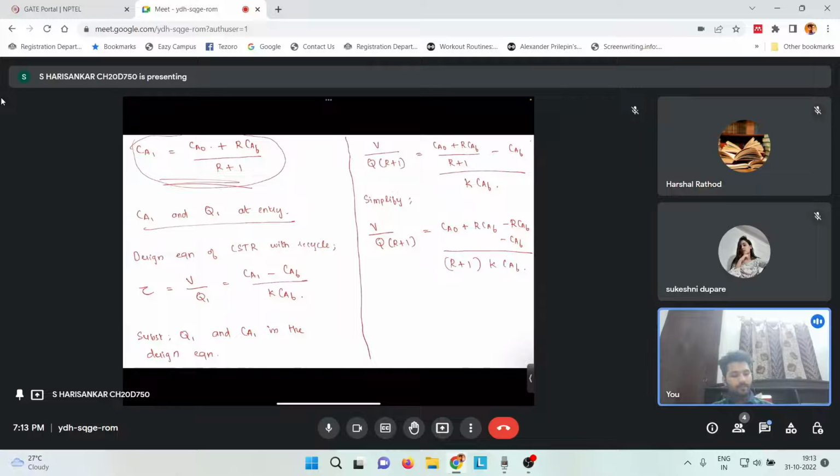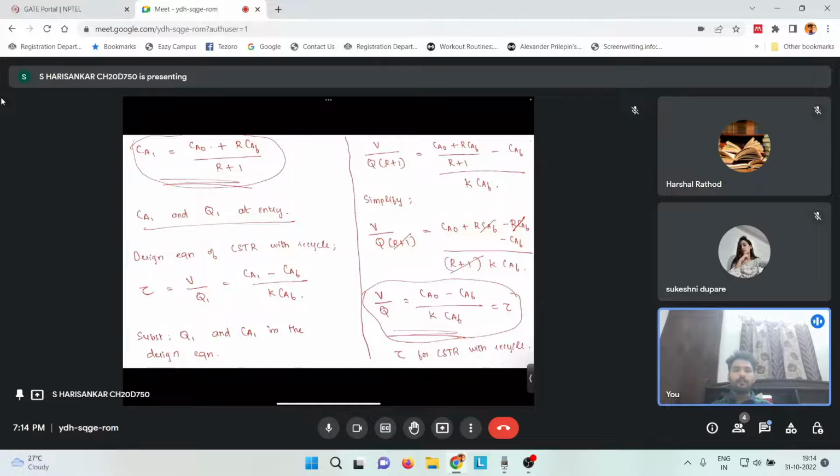Now this R CAF and R CAF will get cancelled. This R plus 1 on the right hand side and R plus 1 on the left hand side will also get cancelled. And we'll get a final equation V by Q is equal to CA0 minus CAF by KCAF. And this is equal to tau. So this is the tau for CSTR with recycle.